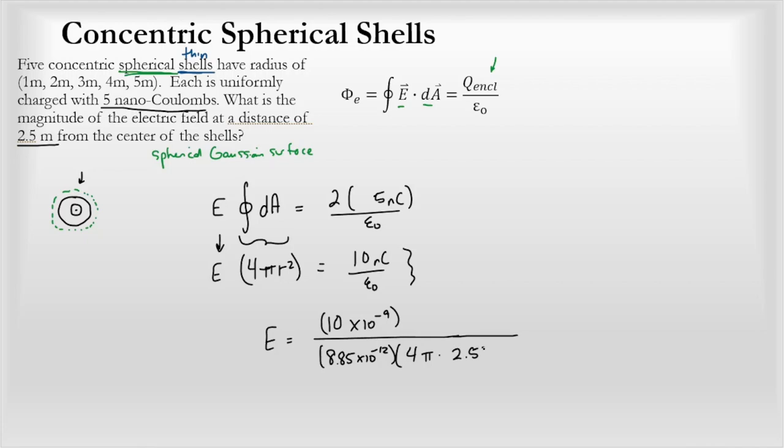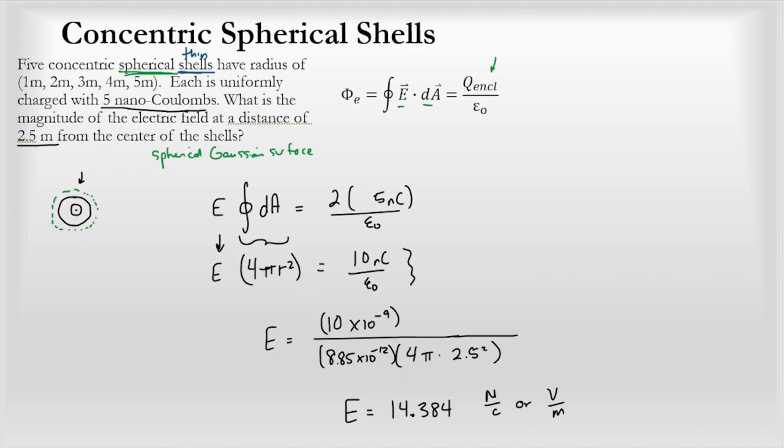So that's where the 2.5 goes, 2.5 squared. And when you run this through your calculator, you're going to get 14.384 and some change. It has units. Electric field has units of newtons per coulomb or volts per meter. I've talked about that in a prior lesson. And that's how you do that.